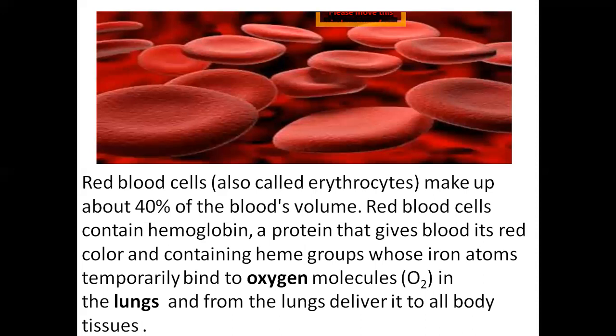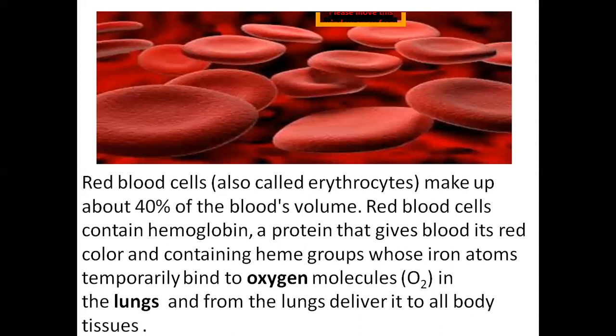So it contains protein and iron atoms, and these iron atoms help to bind oxygen. So when the blood goes into the lungs, then through the alveoli, the oxygen is absorbed into the blood with the help of iron atoms. Okay?